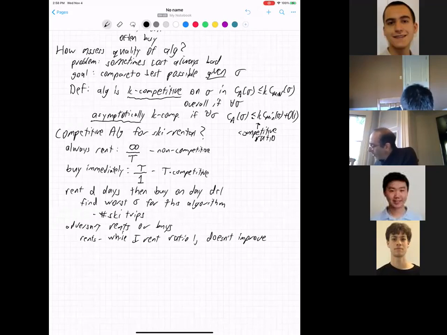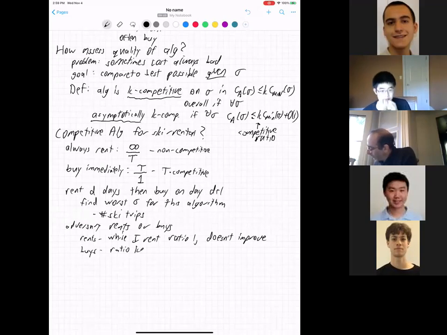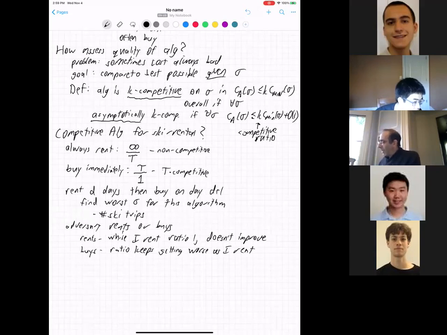And also, if he buys right away, my ratio keeps getting worse as I rent. So whatever the adversary does, while I rent, my ratio just gets worse and worse. Or it doesn't get better.